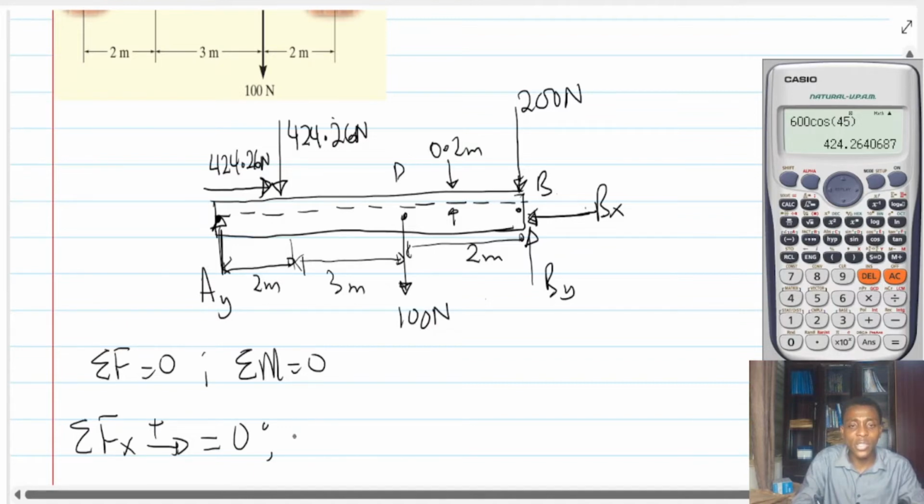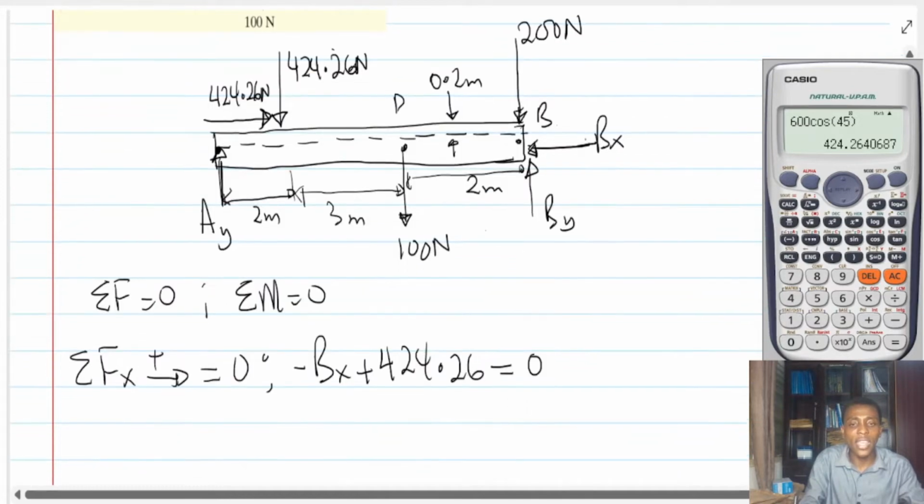Bx is coming this way, so minus Bx, and it's going to be opposite to this, so plus 424.26. Is there any other force in the x direction we've not considered? No. Therefore, I can say that my Bx, which I need, is nothing but 424.26 newtons. Okay, so I've solved for Bx.